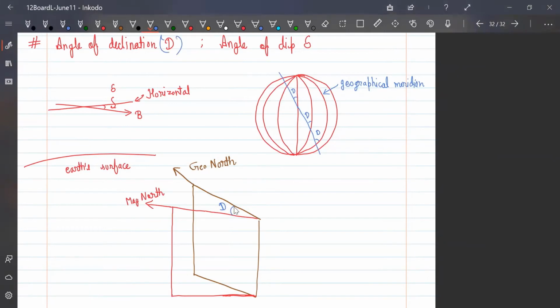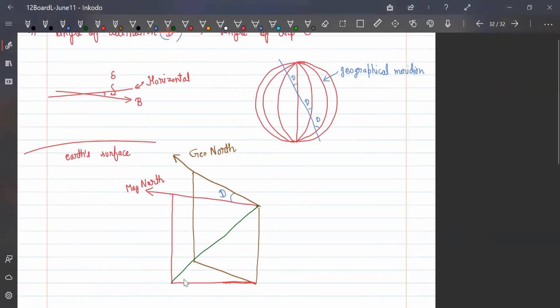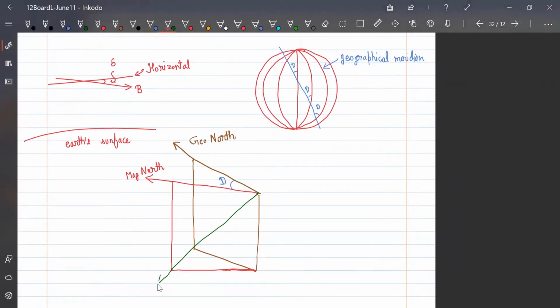And let us say the magnetic field is in this direction. Means it is not horizontal, it is pointing towards downward direction, like this. So it is in this plane. I'll mark this plane as ABCD.